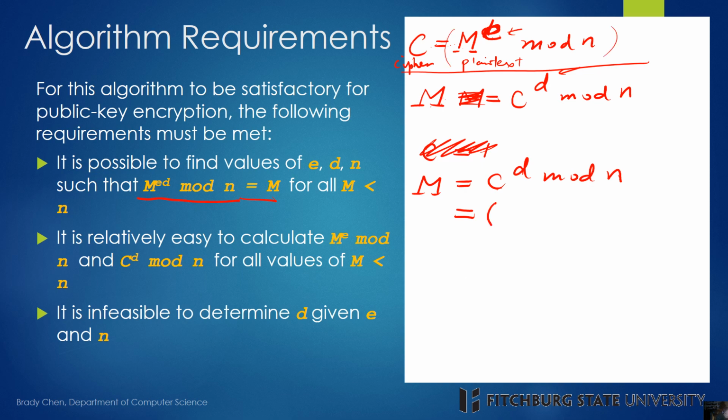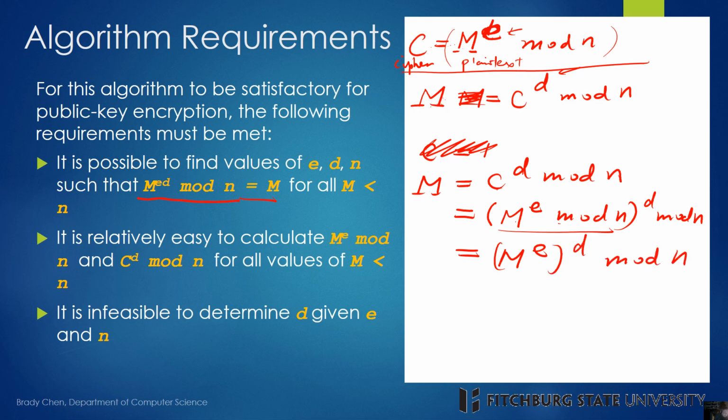So we make it M to the E mod N, to the D mod N. Now, based on the property of modular operation, if we have M to the E mod N to the D mod N, then we can remove this inner mod. This is the same as M to the ED mod N, based on the property of the modular operation.